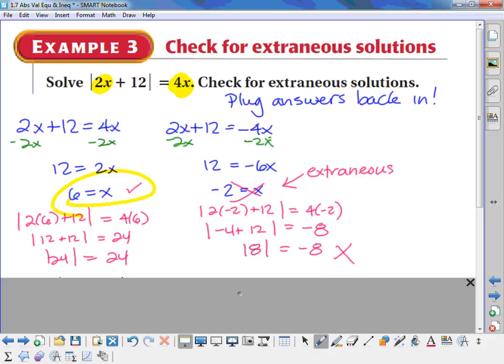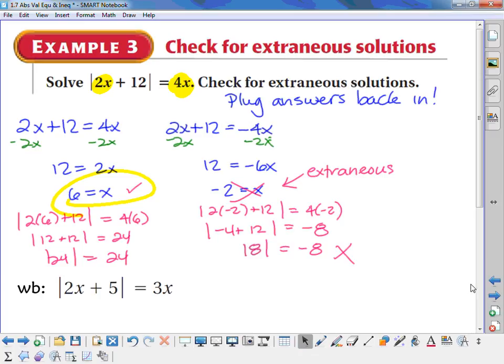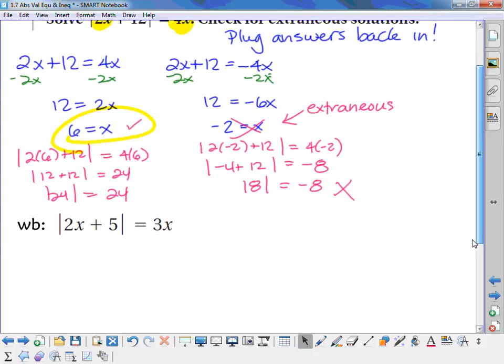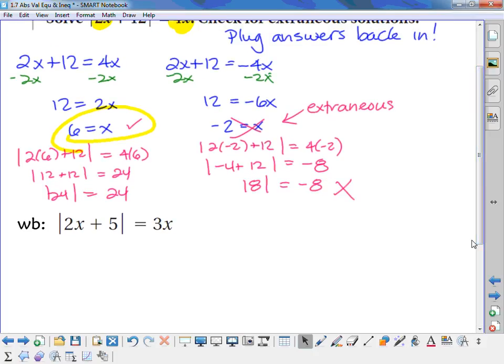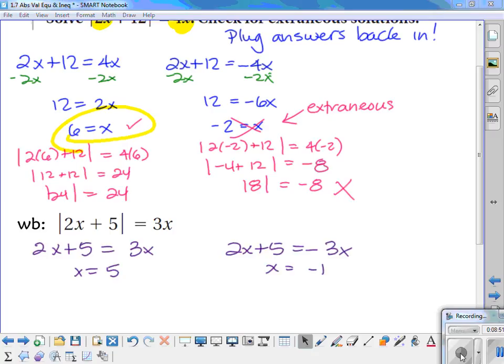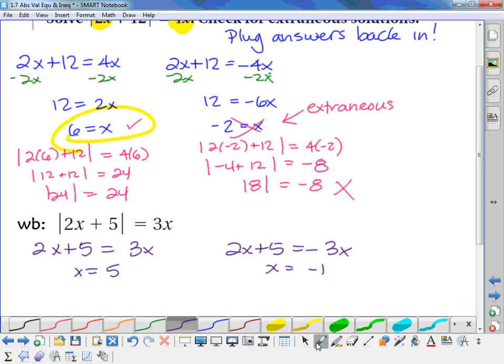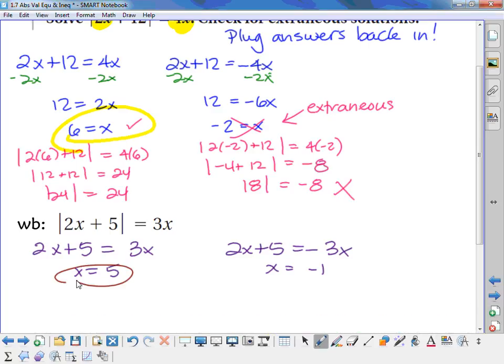Okay. Any questions? Good. Alrighty, so on your whiteboard, go ahead and do this one. So I see something happening. When you guys find your answer, make sure you're plugging it back in to the actual original absolute value equation.